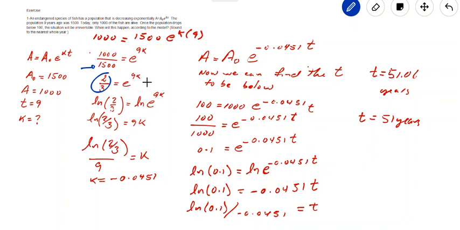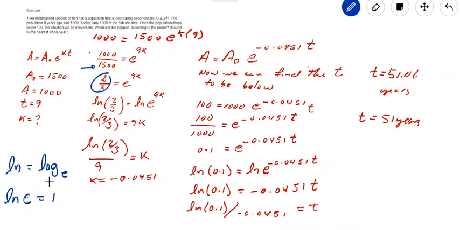Here what you have is an exponential equation with different bases, so you're going to apply logarithms to solve it. When you apply the logarithm to both sides, you have the natural logarithm of 2/3 equal to the natural logarithm of e to the power of 9k. Why do I use the natural logarithm? Because I have e to the power of 9k. A natural logarithm is a logarithm base e, and I know that the natural logarithm of e is 1.